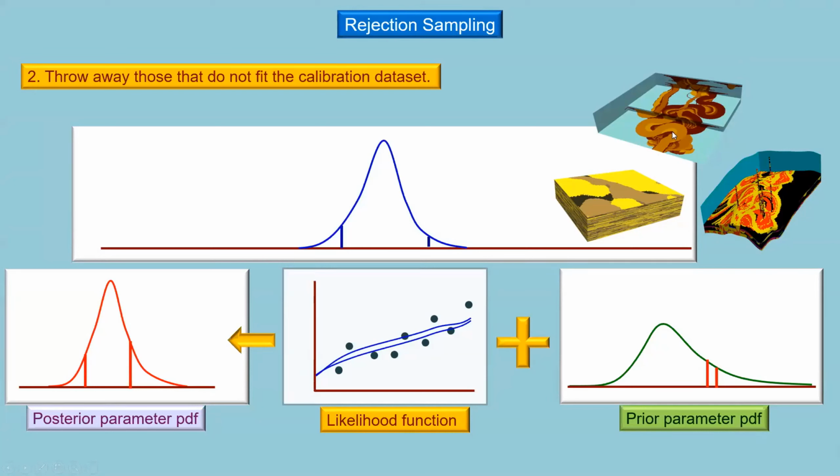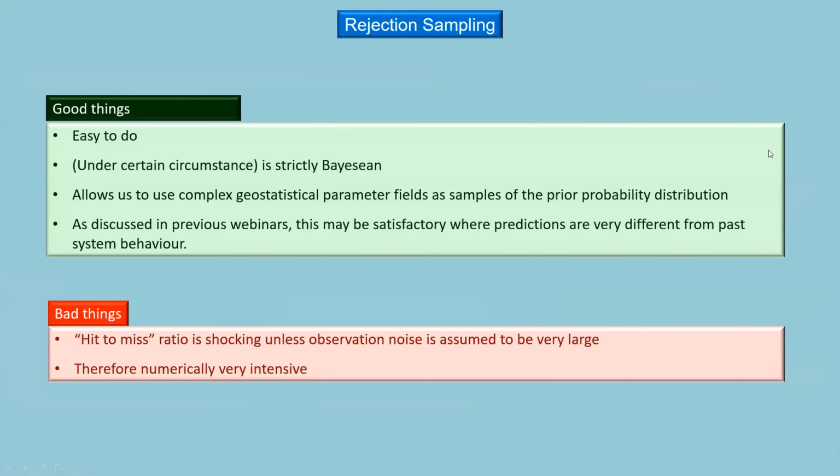By putting our knowledge into geostatistical simulators, we can express our expert knowledge using best available technology, not worry too much about fitting the past, only reject those samples that give a particularly poor misfit. So they're the good things about rejection sampling.